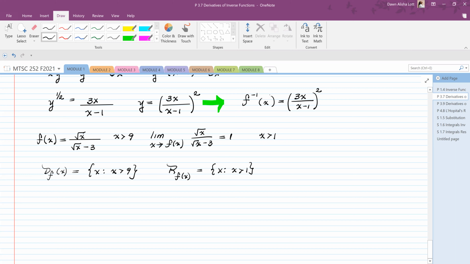So now, as we look at our f inverse, the domain of f inverse of x is the range of the other one. So it's the set of all x such that x is greater than 1. So that's going to be the restriction: x has to strictly be greater than 1.